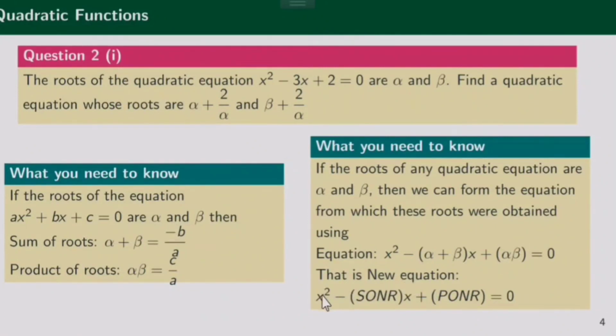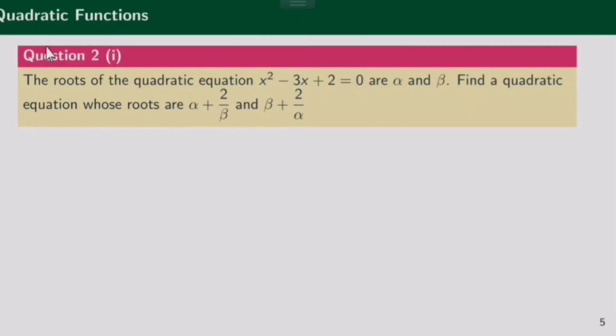In other words, we can write x squared minus the sum of those roots, SONR here stands for sum of new roots, but it doesn't matter, then plus the product of those roots equals 0. So you have to know this before you face this problem. Now, let us move on to the problem itself and solve.